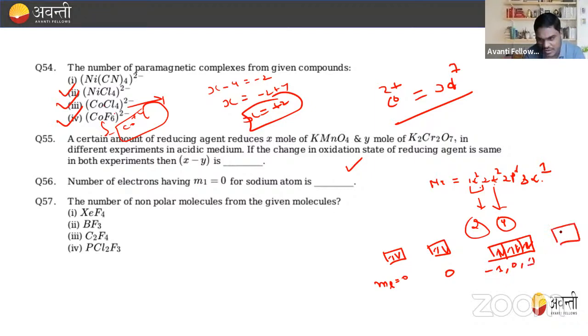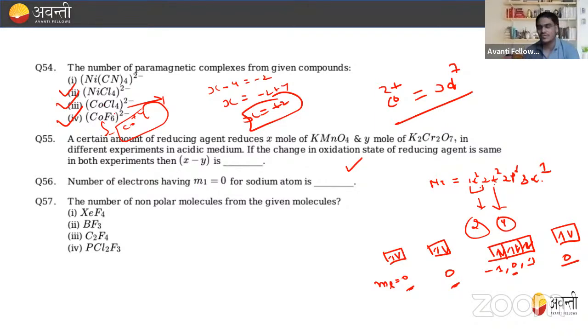Again 3s also has a value 0. So how many 0 orbitals? 1, 2, 3, and 4. The total number is 4.